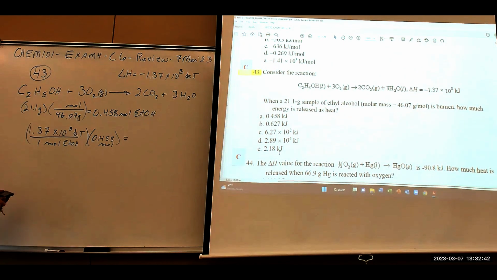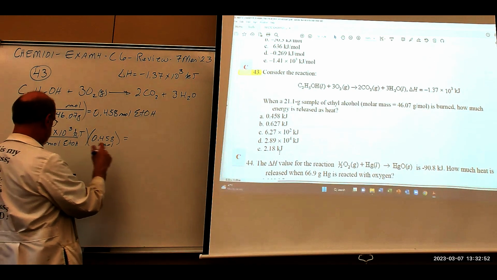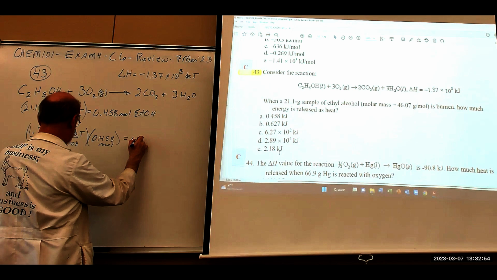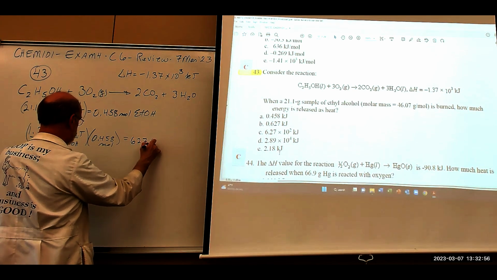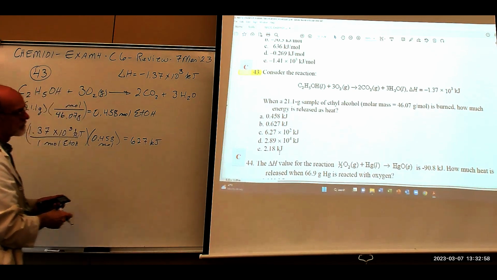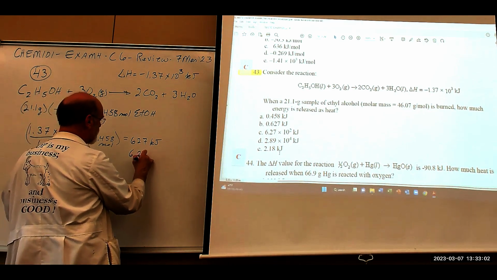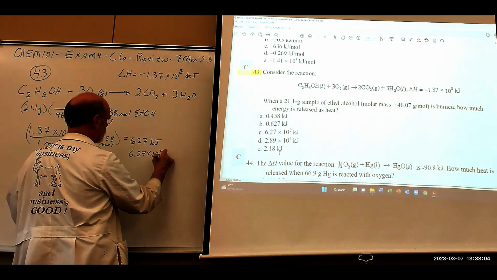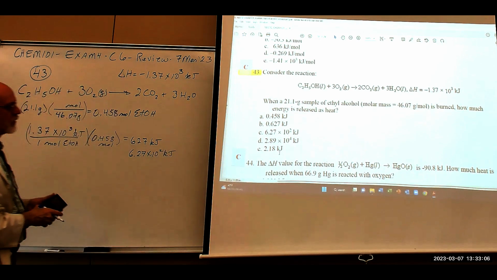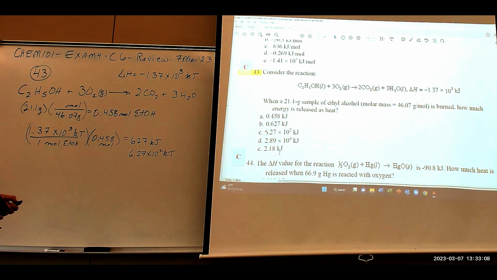And the answer is in kilojoules, so that's good news. 1.37 times 10 to the third, and there, voila, 3 significant figures, 627 kilojoules, or 6.27 times 10 squared kilojoules. There we go. Matches there.